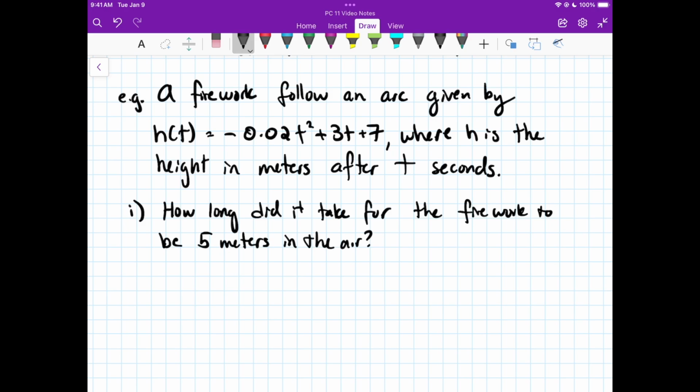You have to think about that. If I say 5 meters, I'm giving you not a time value, but a height value, right? That is a distance. So that is me telling you that h of t equals 5.